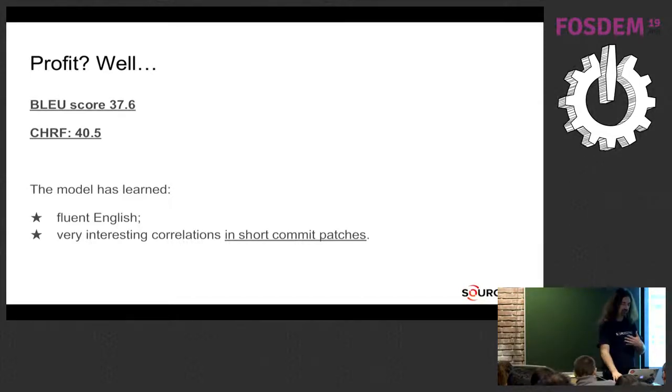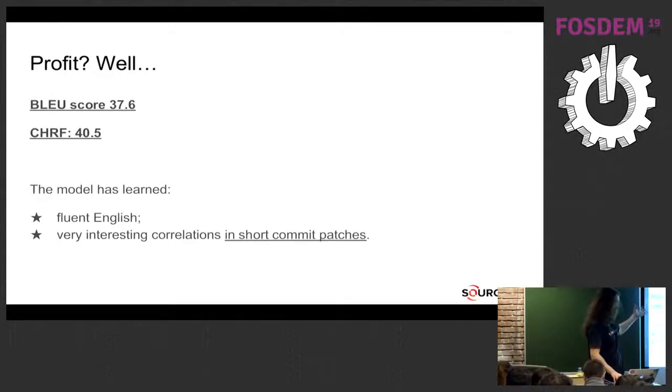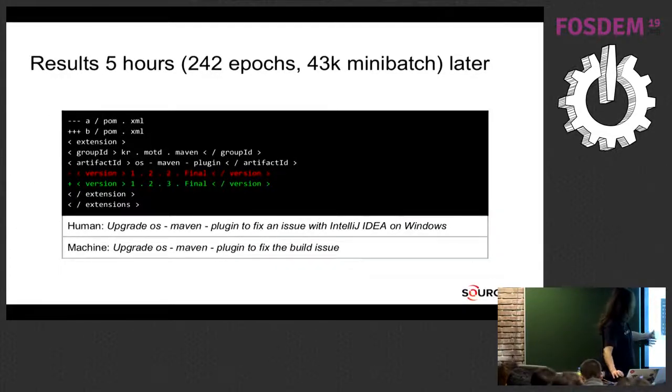But there's the problem that if I use this kind of metric, for example, which counts the n-grams in common, so the subsections of contiguous characters in common between the sentences, these two are very different, so they will get a low score, but actually they are pretty good.